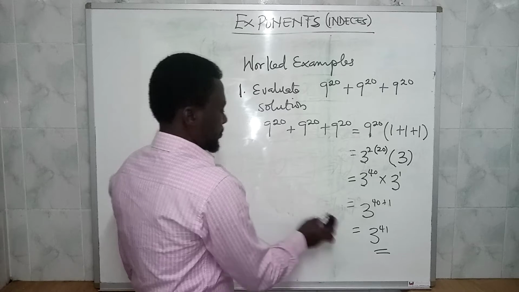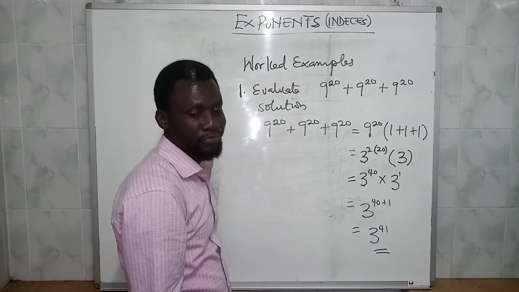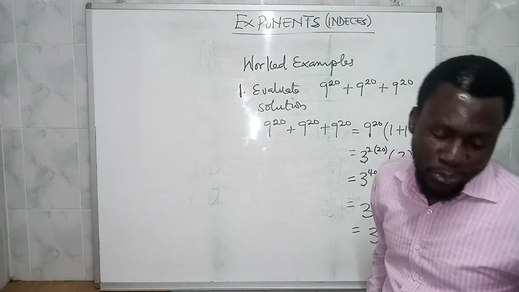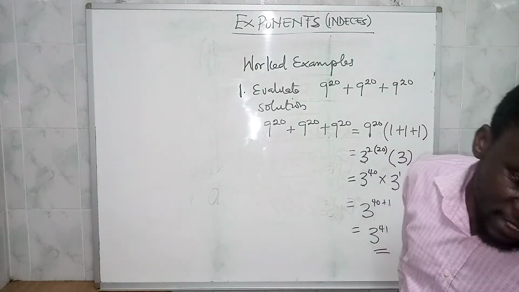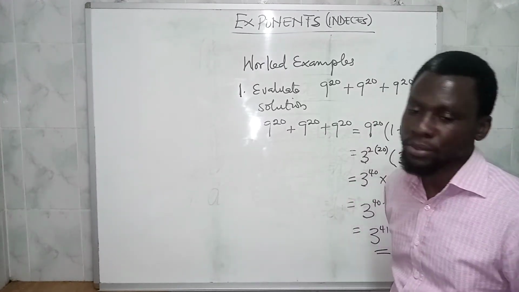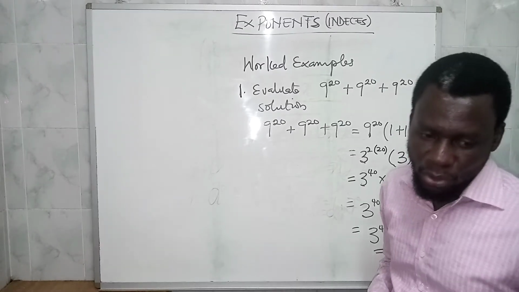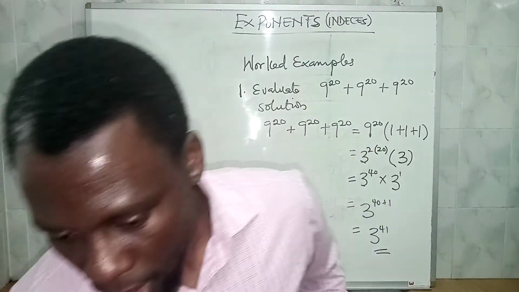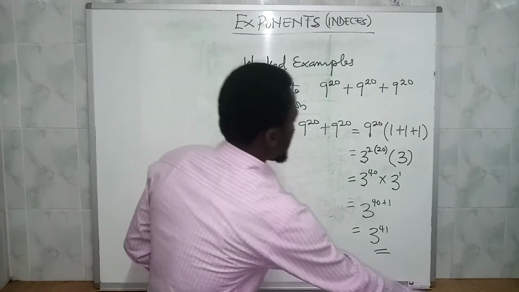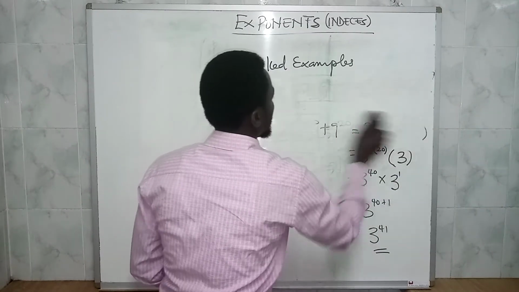All right. We will also be looking at another question: 2 raised to the power 0 plus 3 raised to the power 0, minus 5 raised to the power 0, whole squared. So let's clean this one and have another example, example 2.